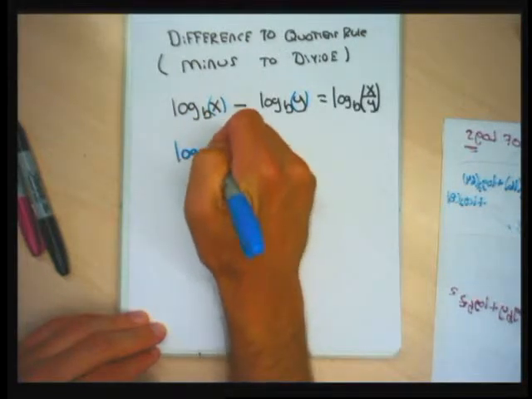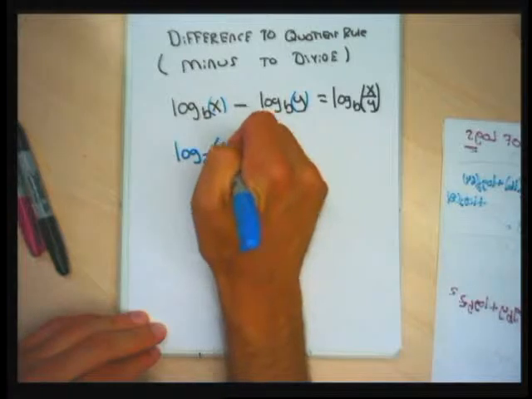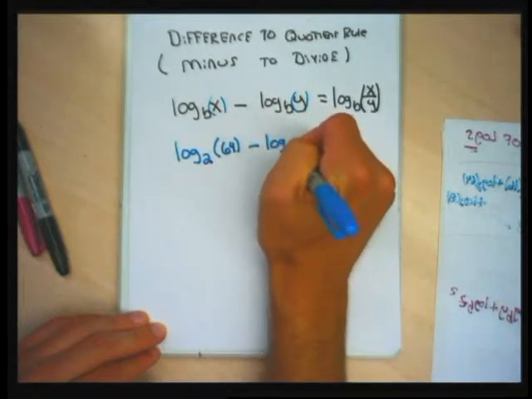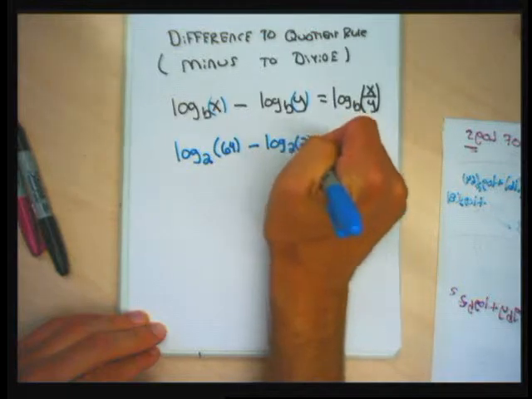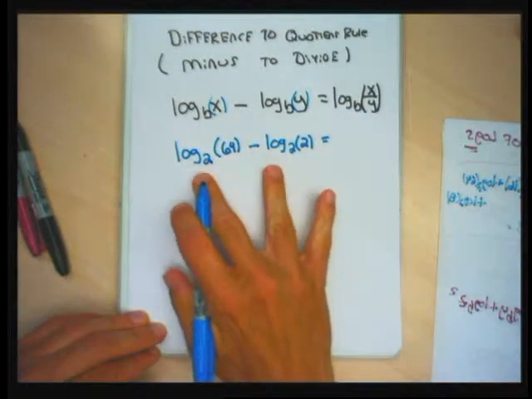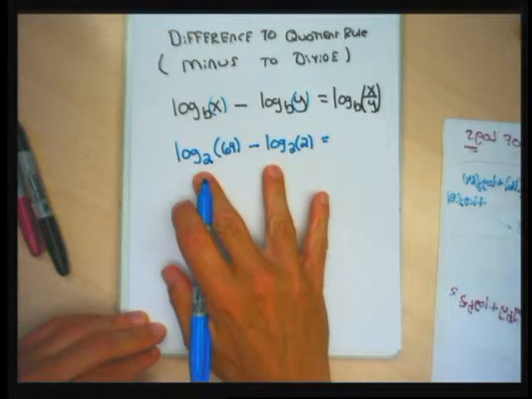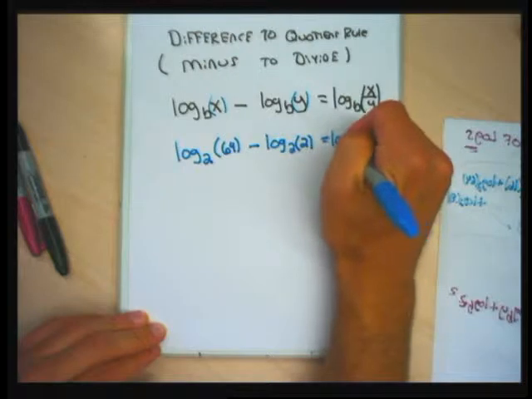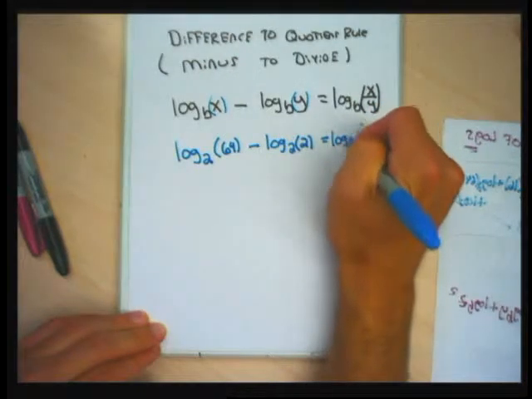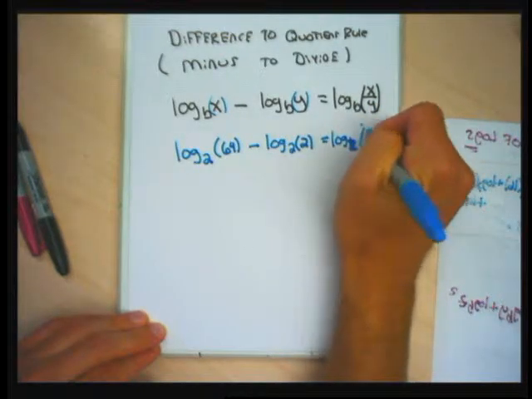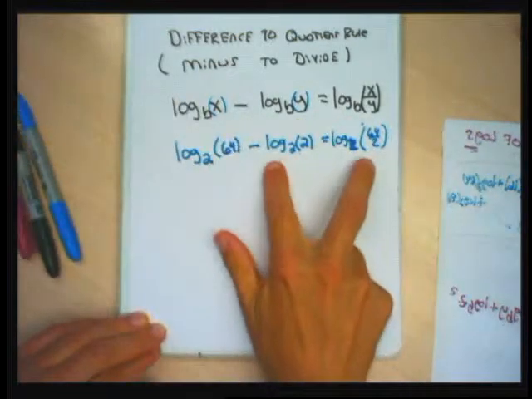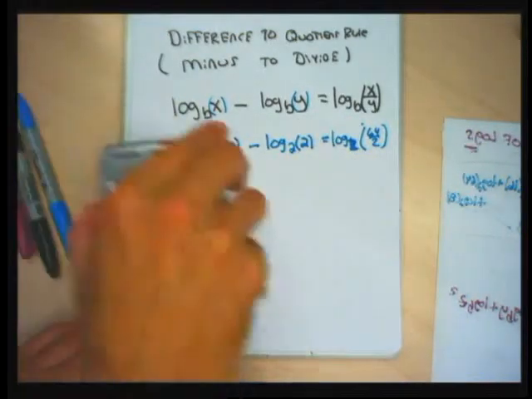So if I did this rule, the log base 2 of 64 minus the log base 2 of 2, I'm subtracting two logarithms of the same base. The difference to quotient rule says that the log base 2 of 64 over 2 should be one logarithm that equals the other one.